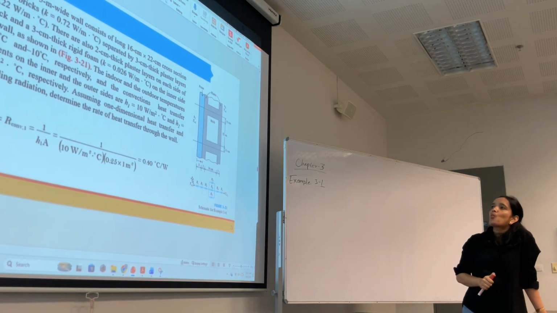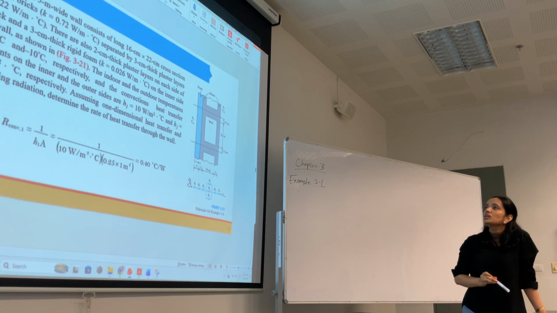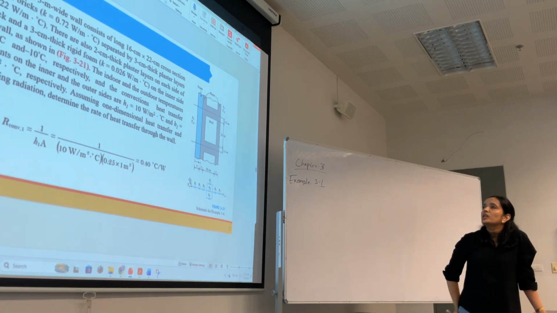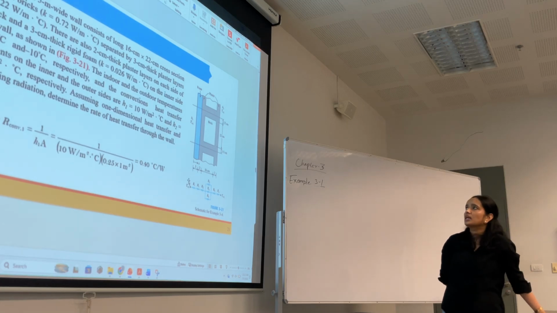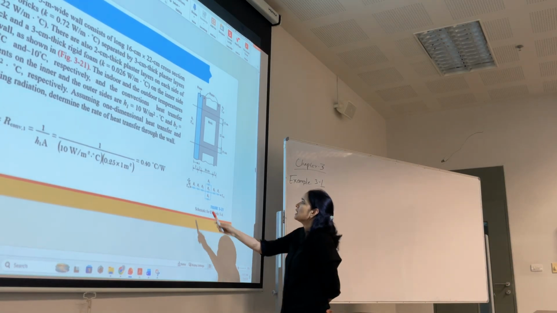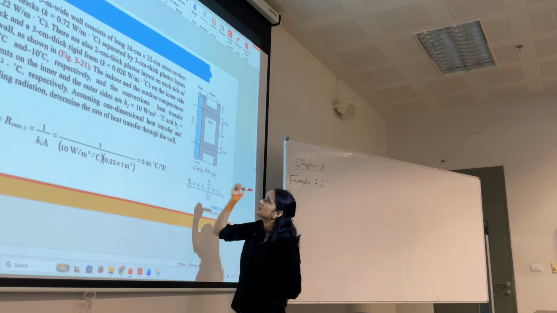A high, 5-meter wide wall consists of 16 centimeter by 22 centimeter cross section horizontal bricks separated by 3 centimeter thick plaster. This is plaster, 3 centimeter thick plaster.